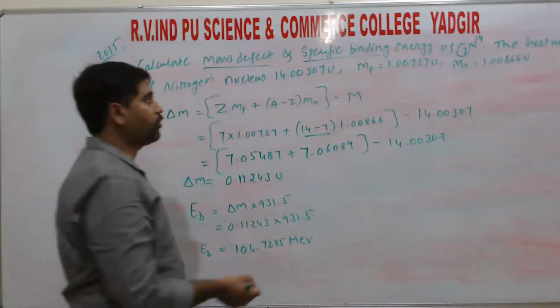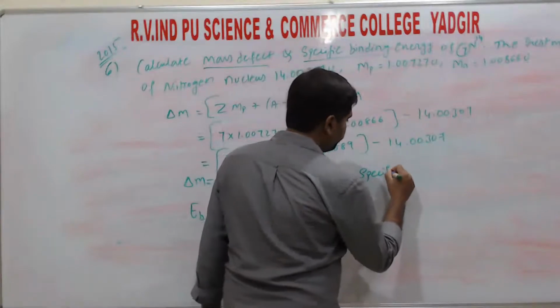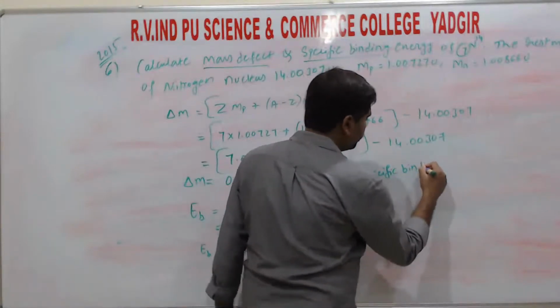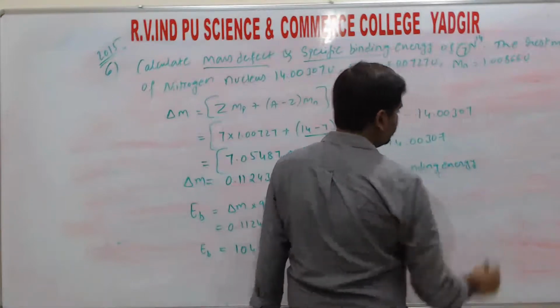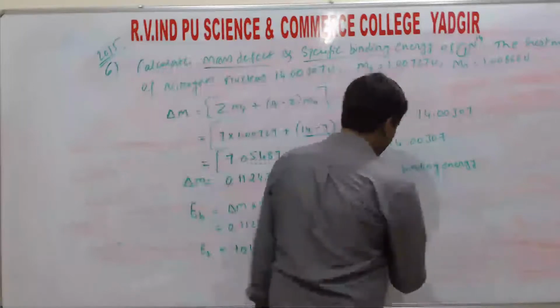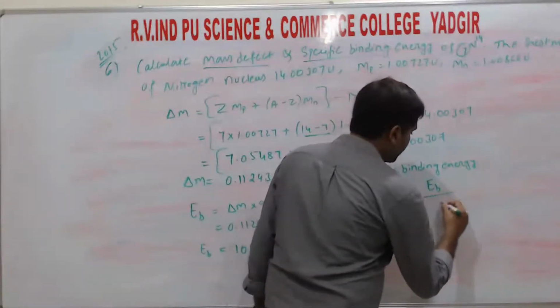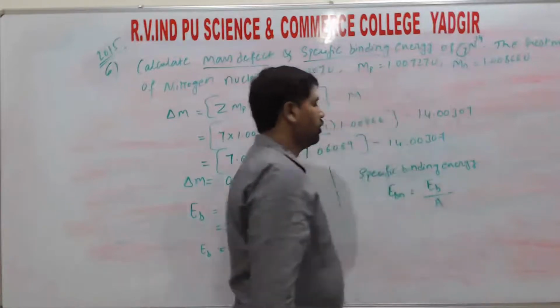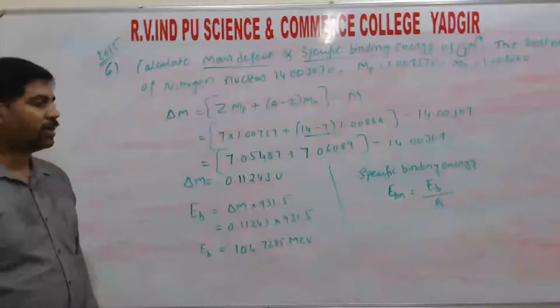But they ask for specific binding energy, right? So the specific binding energy EBM is equal to binding energy divided by mass number, EB divided by A, right?